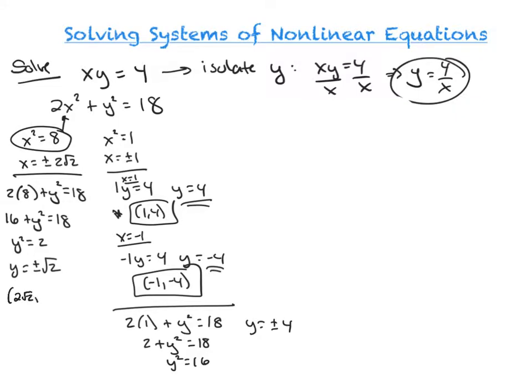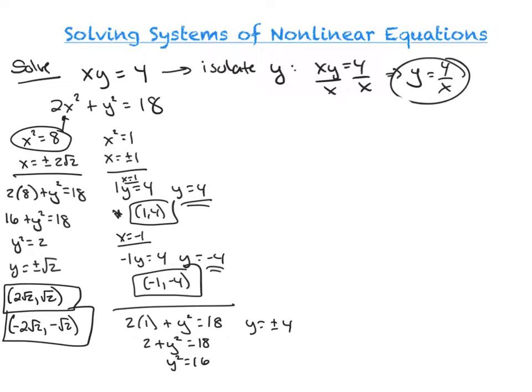Positive 2 root 2 for x goes with positive root 2 for y, and negative 2 root 2 for x goes with negative root 2 for y. So my 4 answers are 1, 4, -1, -4, positive 2 root 2 and root 2, and negative 2 root 2 and root 2.